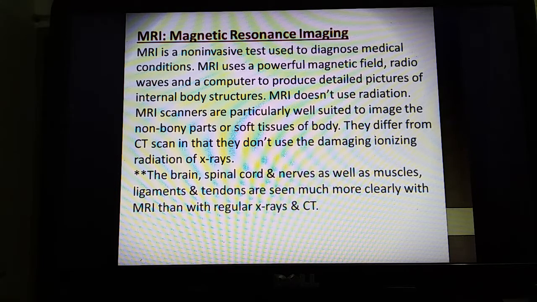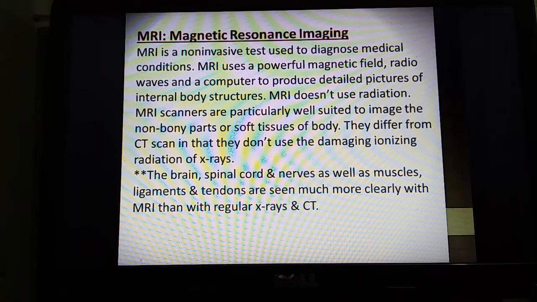MRI uses a powerful magnetic field, as you all know about electric field, just like that, where a magnet has the ability to attract other magnetic elements.